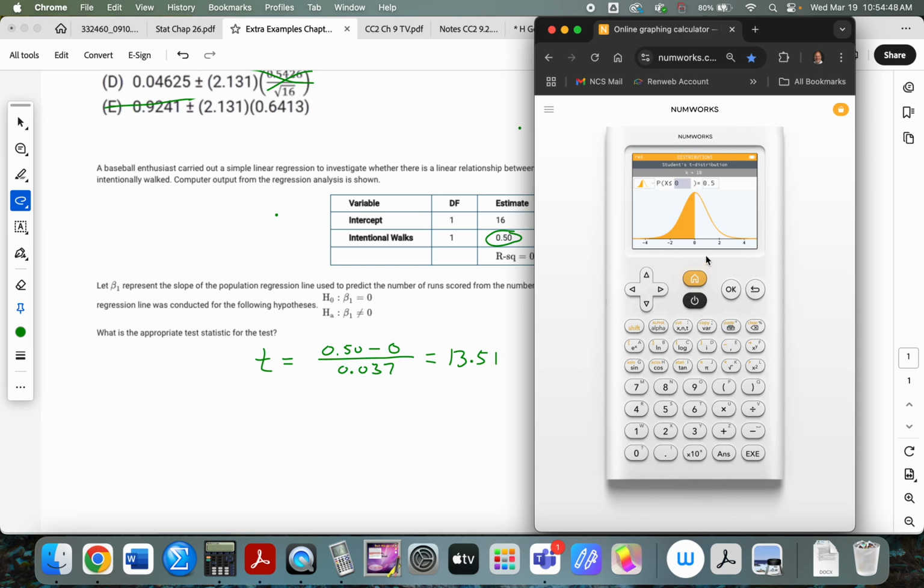And if the t-value was 13.51, I should be doing greater than. What's the probability that it's that bad or worse?